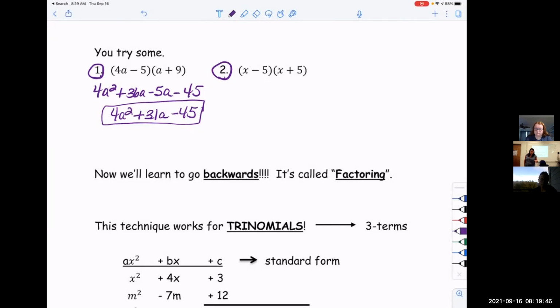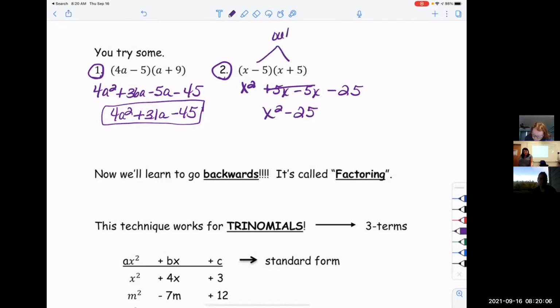If you recognize it, you can skip. It's no big deal if you don't. It takes seconds more of your life. So x squared, outer, inner, and last. And then those canceled, and you end up with x squared minus 25. Outside, inside terms cancel.